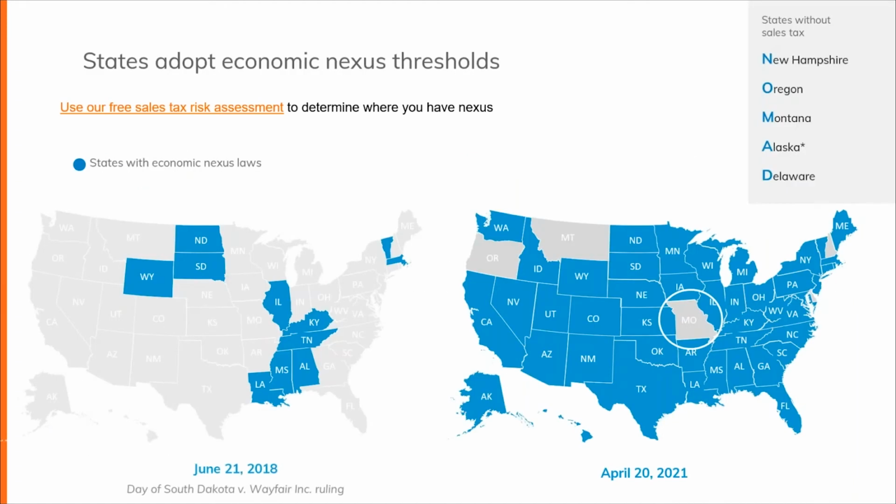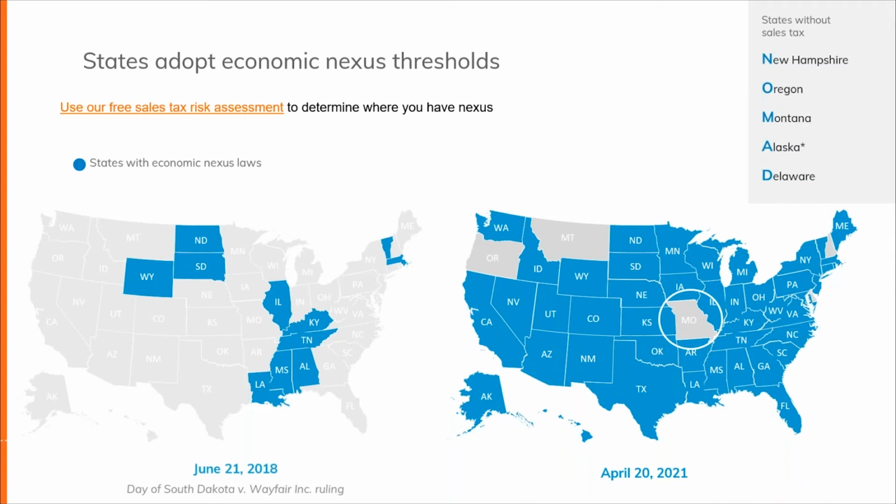So as we look at this map, in June of 2018, the map on your left is the map that shows the states with economic nexus laws. And even then, a number of those economic nexus laws were recently developed or implemented.